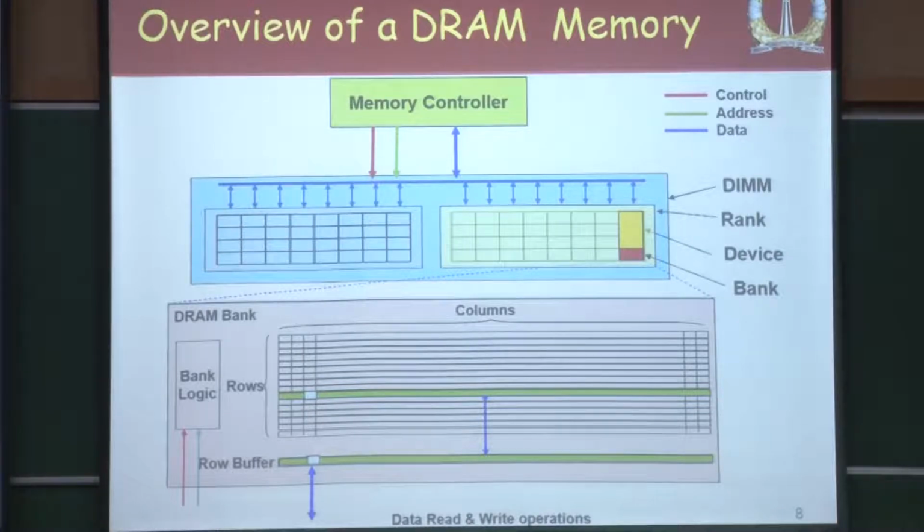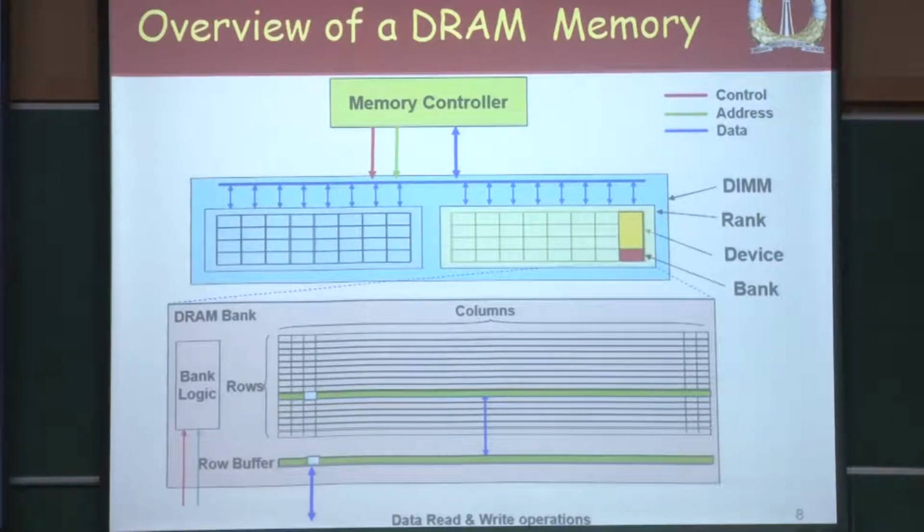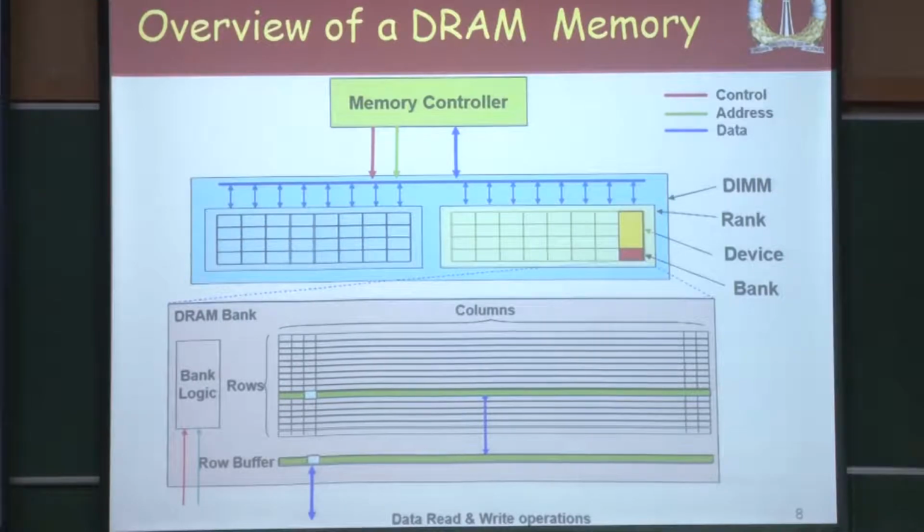Okay. So, we have only talked about column access. After the data is accessed, that data has to go to the memory controller. So, there is a transfer that is required. That transfer is going to take place on the memory bus, and that is also going to take some amount of time, because if you are going to transfer 64 bytes of data, that is 512 bits.